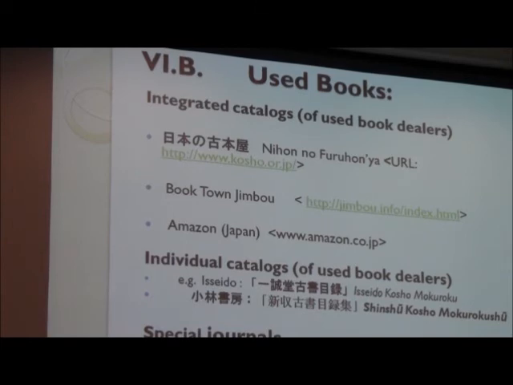And for individual catalogs for used books, a number of places send us catalogs, like Isedo Koshomokuroku, and Kobayashi Shobo, which is well known for religious materials and also some Kotenseki.